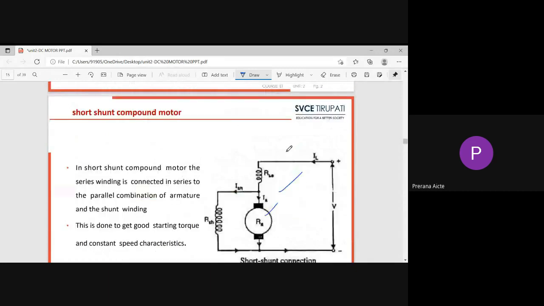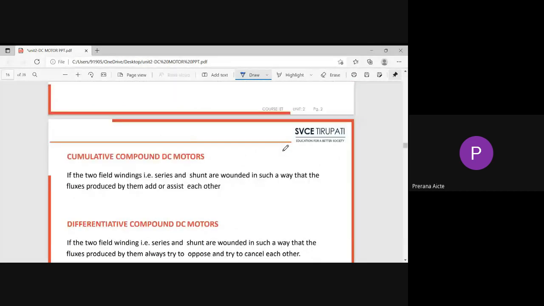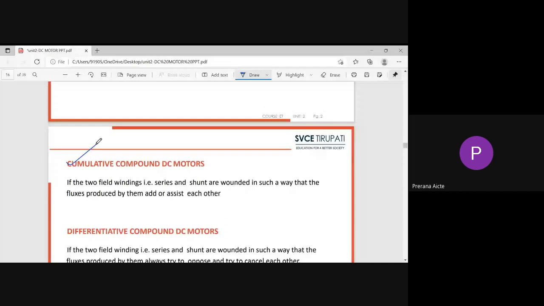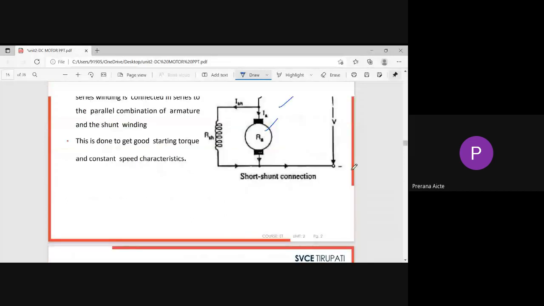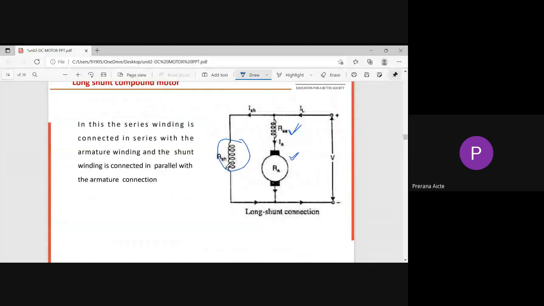Also, here we are going to discuss the cumulative compound motor and the differential compound motor. In both motors there is a series field winding and a shunt field winding, so there are two fluxes. Total flux developed in this motor, in both cases, either long shunt or short shunt, is phi sh plus phi sc.